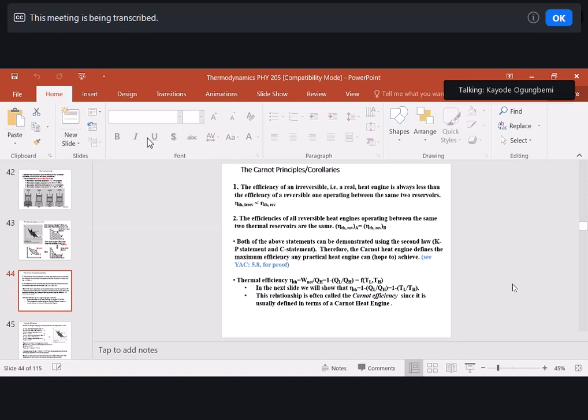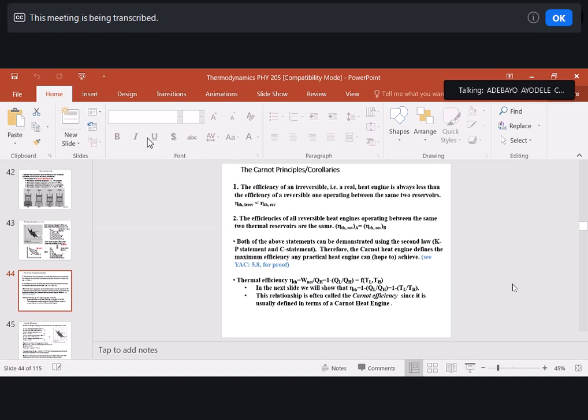Yes, it defines that. So thermal efficiency equals the work done over the heat supplied, and you can substitute and get what you want. Work over QH equals 1 minus QC over QH. In other words, supply what W is.